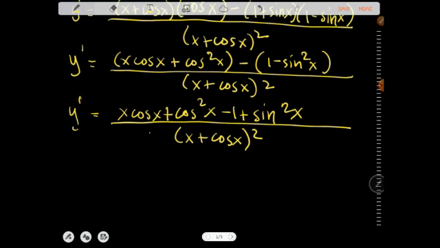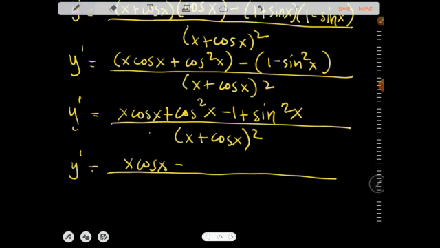Okay? So, ngayon, may naalala ba kayo? Di ba meron tayo sa trigonometric identity natin na yung ating sine squared plus cosine squared is equals to 1. And meron tayo niyan dito. Meron tayong cosine squared x at saka sine squared x. So, kapag nag-simplify tayo niyan using that rule, so this would become y prime is equals to x cosine of x. Sabi ko kanina, yung cosine squared, mawawala na yan.